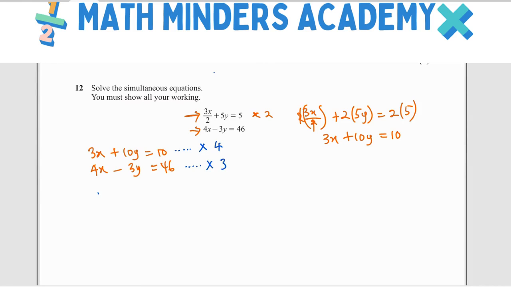So this gives us 12x plus 10 times 4, which is 40y, and 10 times 4 here also is 40. If we use 3 here, you have 12x minus 9y, because if you use 3 to multiply 46, you're going to get 138.